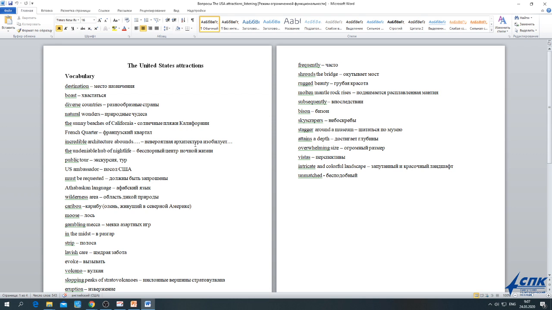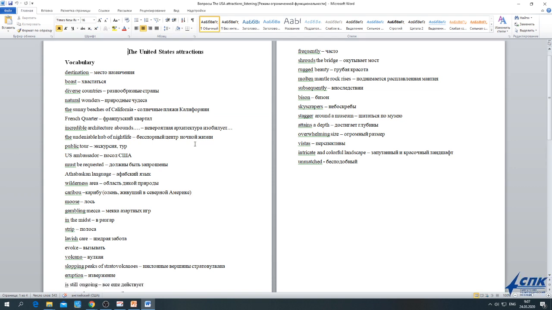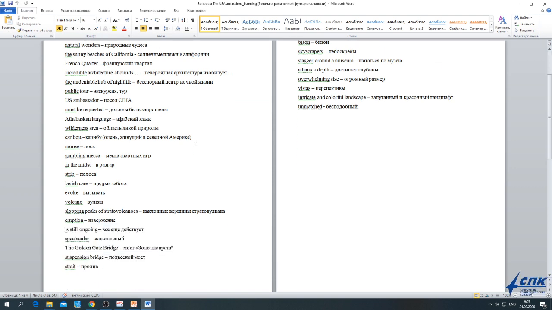Lavish care. Evoke. Volcano. Sloping peaks of stratovolcanoes. Eruption. Is still ongoing.